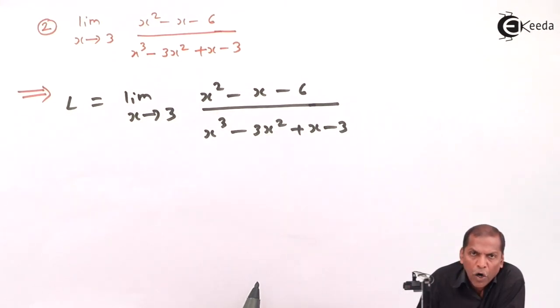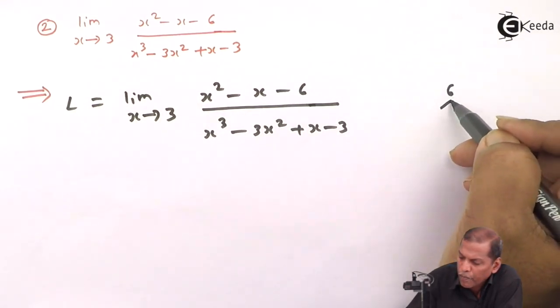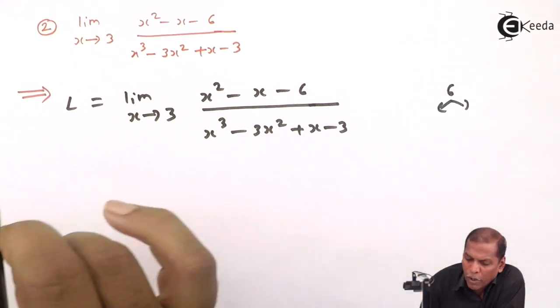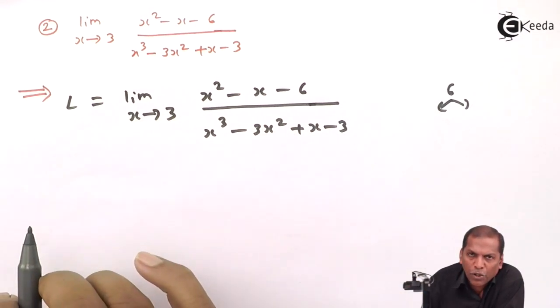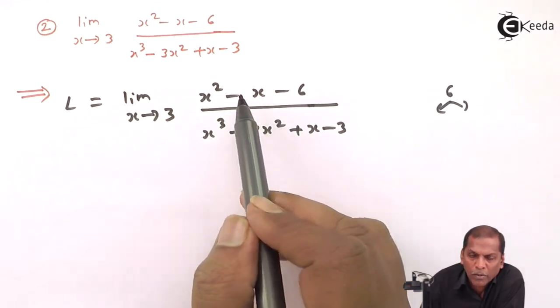Now here, if you observe, the numerator is a quadratic equation and the last term is 6, that we have to factorize in such a way that the middle term is minus 1.